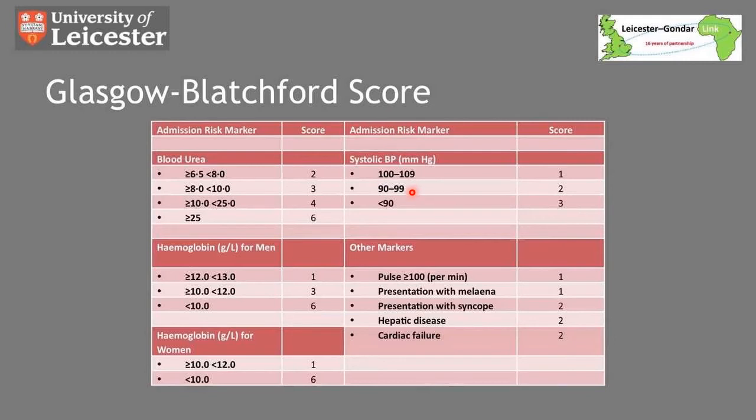Basically, they use the parameters that we have all gone through: the blood pressure, heart rate, presentation, the syncope, the mental status, pre-existing diseases, the level of blood urea as an indicator of renal function, and also the hemoglobin. These are the parameters taken into consideration to come up with a scoring system.